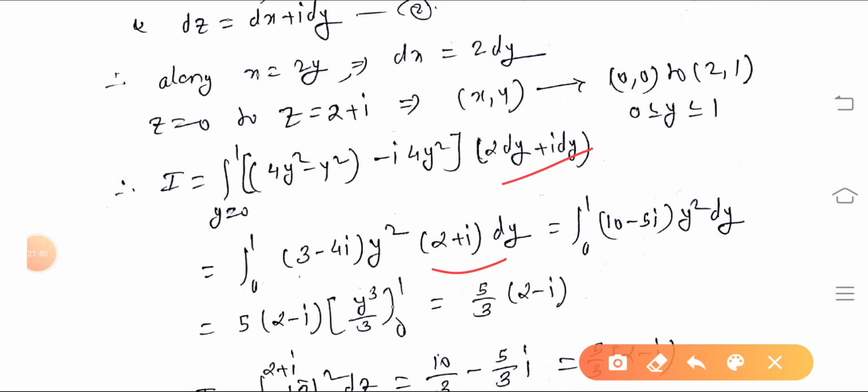Again, this bracket simplification: 3 minus 4i into the bracket 2 plus i, solving this bracket we get 10 minus 5i, y square dy, and 10 minus 5i is a common term, take it outside, which is 5 into the bracket 2 minus i. The integration of y square is y cube by 3, between 0 and 1 that is 1 by 3, so we get 5 by 3 into the bracket 2 minus i.